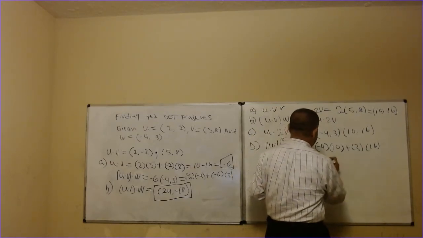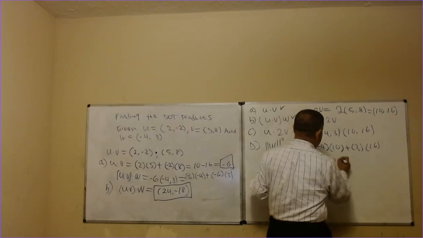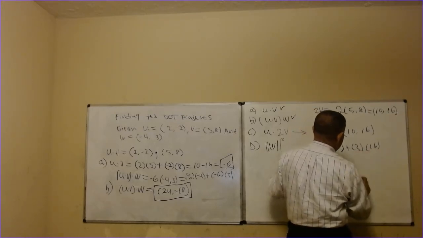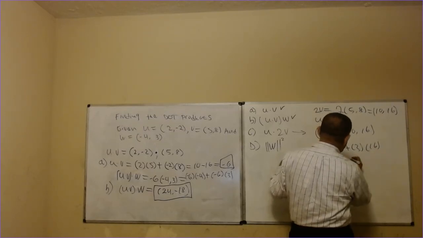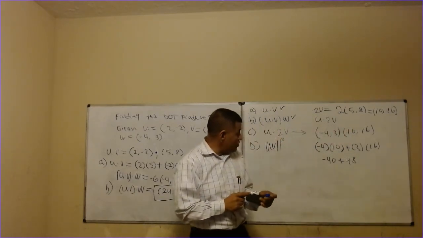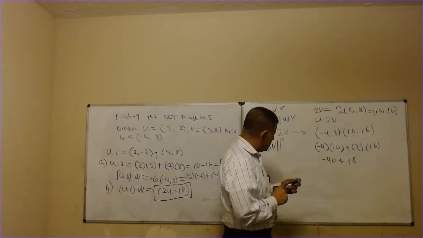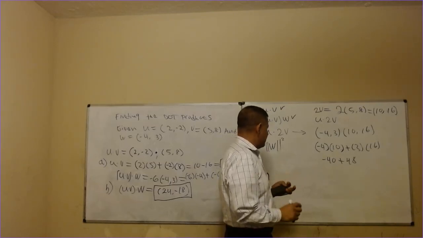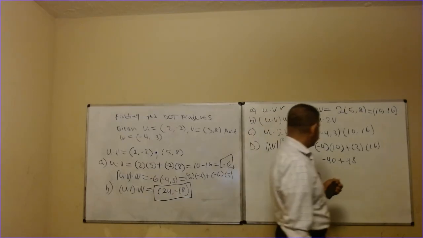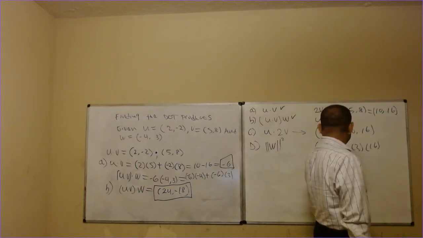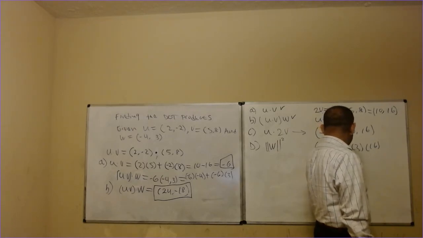I get negative 40 plus positive 48, right? And that will give us a total of 8, right?